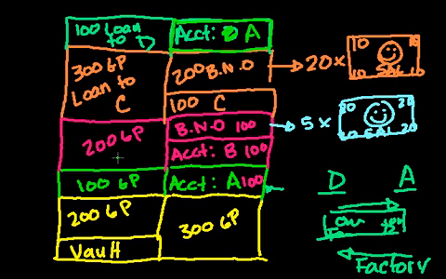Now the natural question is, how far can this process continue? Can a bank just continue issuing loans and checking accounts indefinitely, essentially collecting the difference between the interest it gets on the loan and the interest it gives on the checking account?